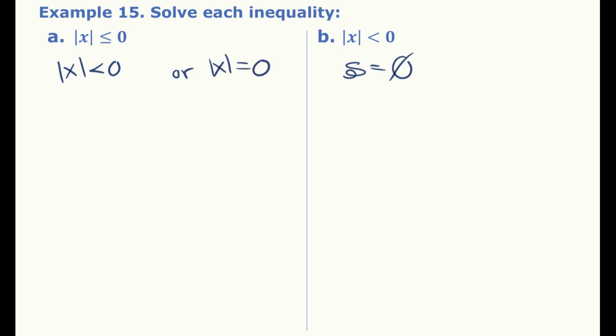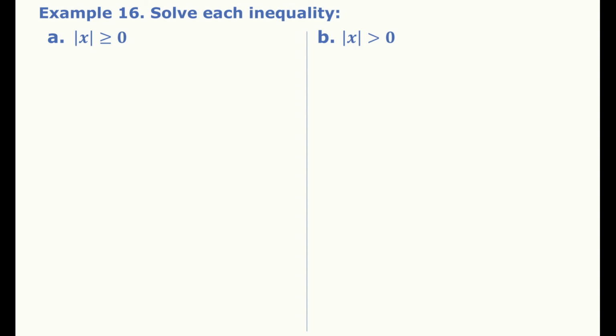That's what less than or equal to 0 means, right? Yes, this part, no solution. But this part does have a single solution, x equals 0. So be real careful with that case, okay? So you would write your solution set as containing a single point, 0. So that one does have one single solution, and that's 0. This one, of course, no solution. There is no real number whose absolute value is less than 0, because that would mean it's negative.